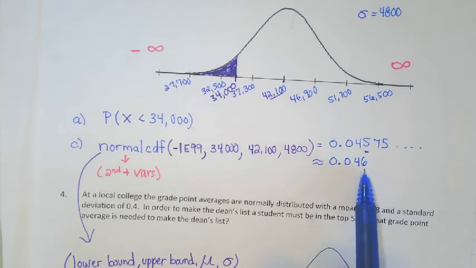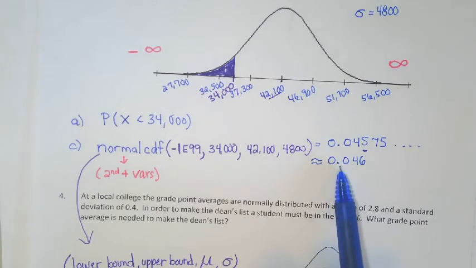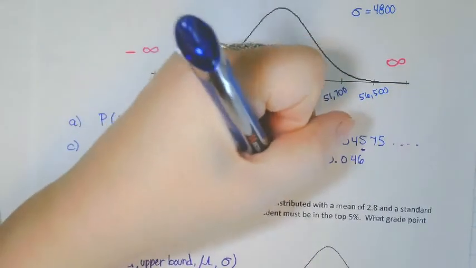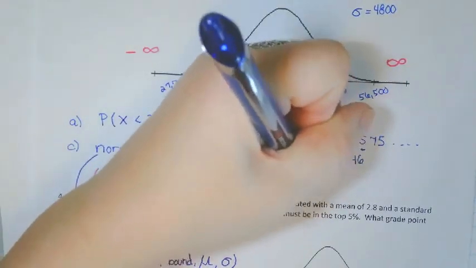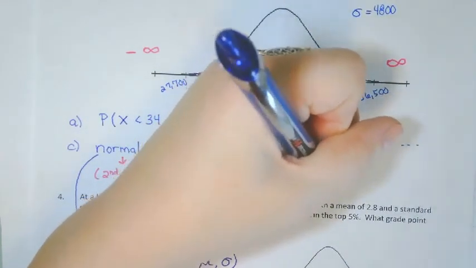So to change this to a percent, I just need to multiply by 100 or move the decimal 2 times to the right. And so we would end up with 4.6%.